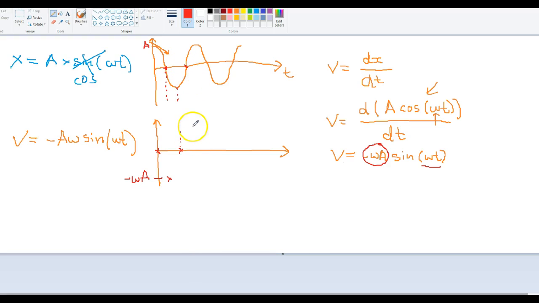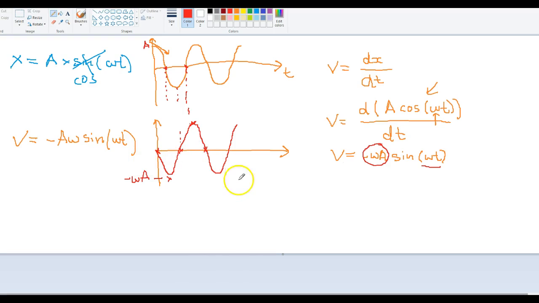When it's here, we're going to be back at a maxima here. So on. So we're going to have the same graph, but it's going to be out of phase with the one above it. So this would describe this.